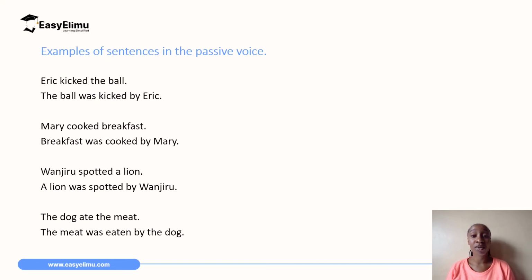So we introduce the auxiliary for our sentence to make grammatical sense. Mary cooked breakfast. That sentence is in the active voice. When we convert it to the passive voice, it becomes breakfast was cooked by Mary. Our object, breakfast. Our action was cooked, which is an auxiliary verb and the main verb.